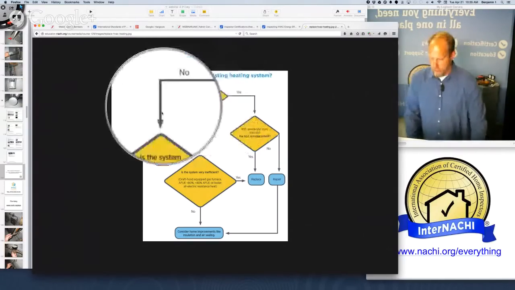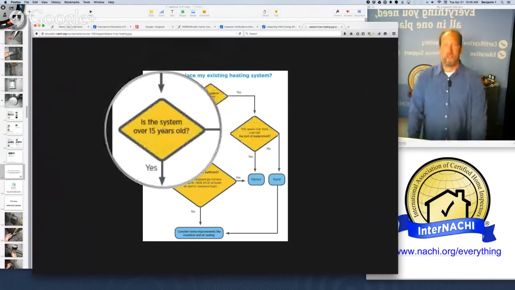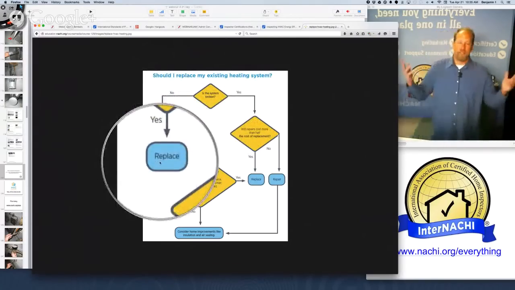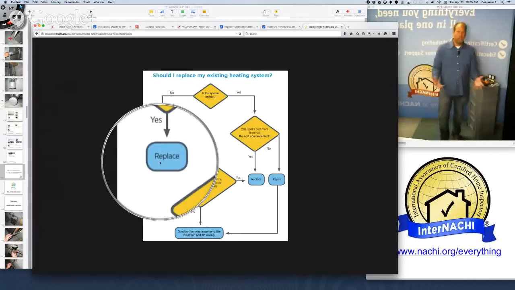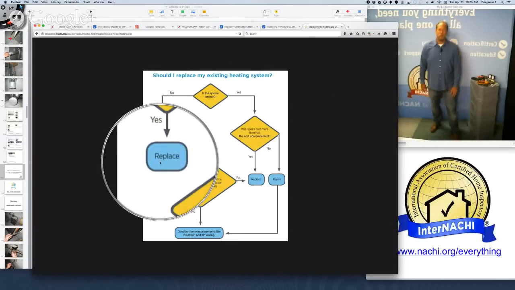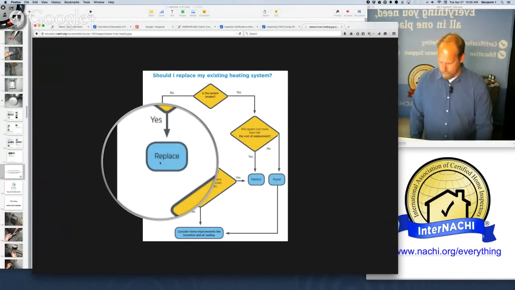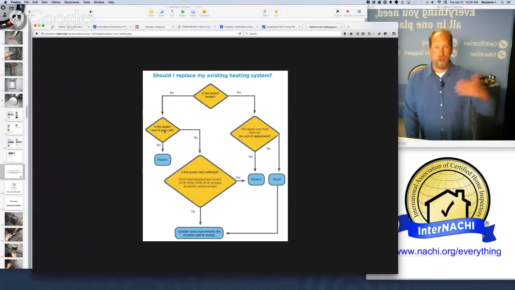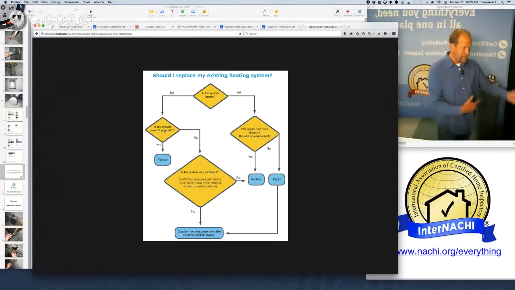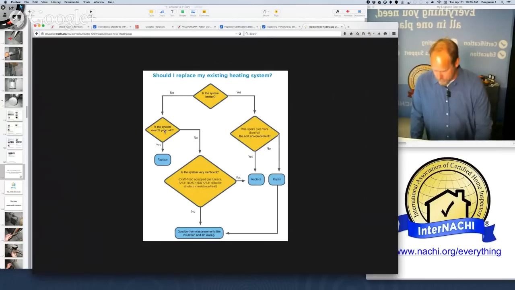No. Is the system over 15 years old? Let's say it's yes. Then the federal government says it's our recommendation that this heating system be replaced because it's so inefficient according to the year that you would, in long-term investment, you would save money. It would essentially pay for itself, the new HVAC system.